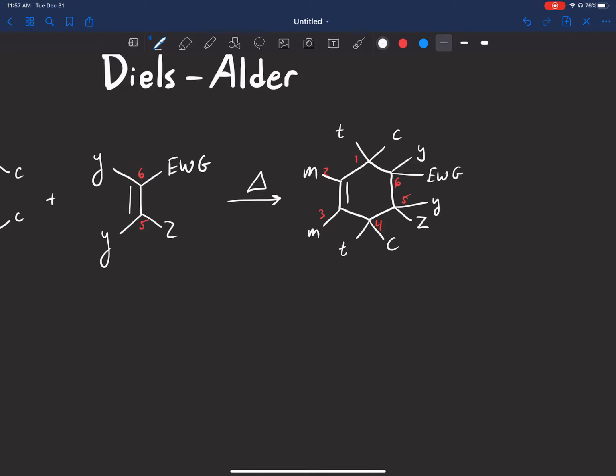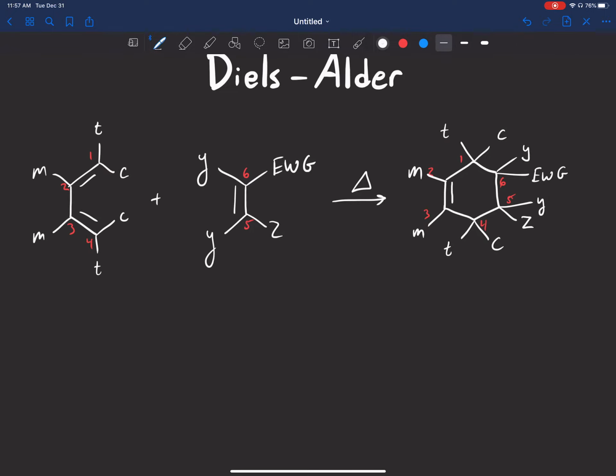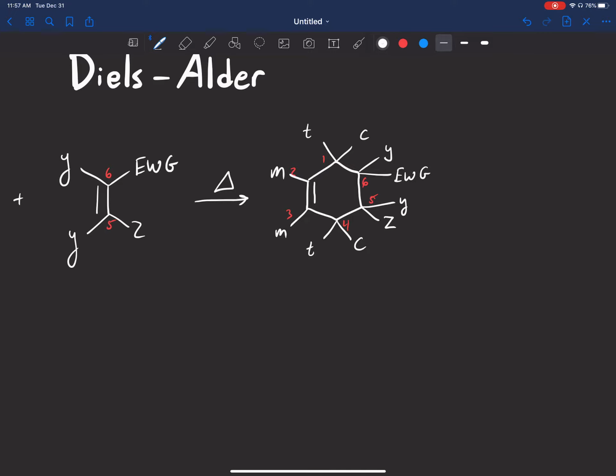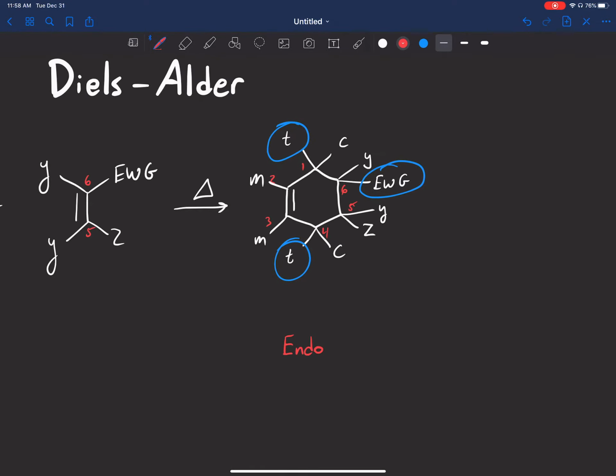Now, in the Diels Alder, like I said, when we have substituents on both the diene and the dienophile, we can get two products called the endo and then the exo product. This refers to the stereochemistry revolving around this trans group and the electron withdrawing group, and then same thing for this trans group. In the endo product, whatever group was on that trans position must have the same stereochemistry as the electron withdrawing group.